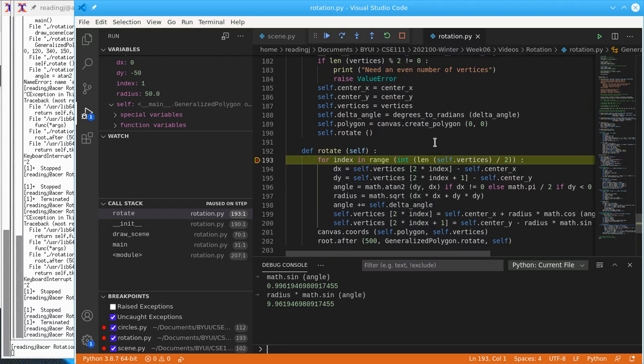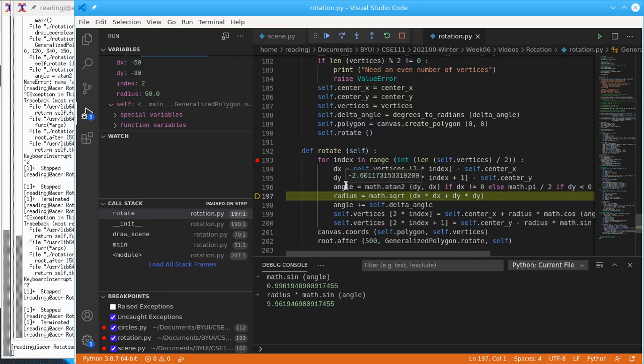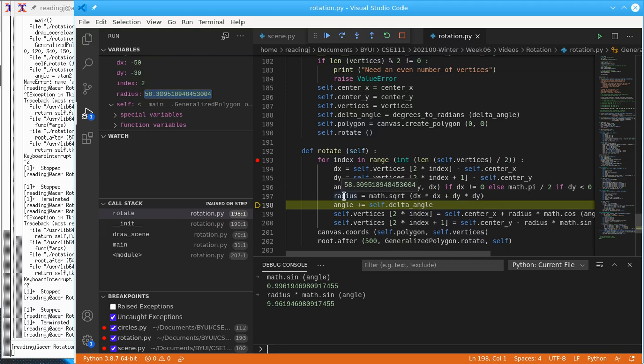And so dx is negative 50, dy is negative 30. Angle is 2.6. Yeah, that sounds about right. Radius equals 58. I can believe that.